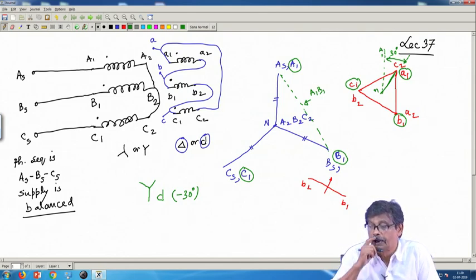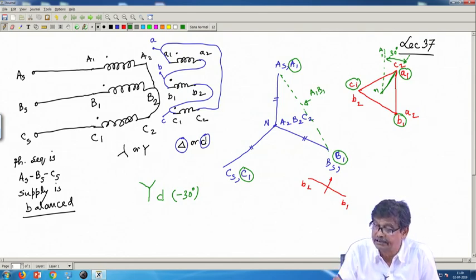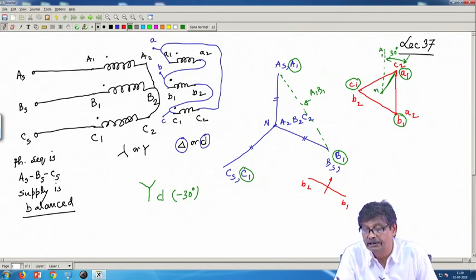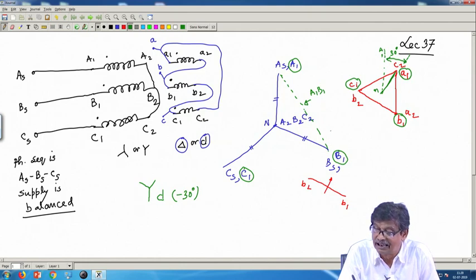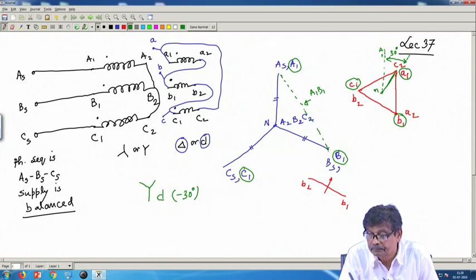This is the line to line voltage. On the secondary side, what is the line to line voltage? It is this vertical line, and this line to line voltage too, this is a1 b1. That is also 30 degree lagging.